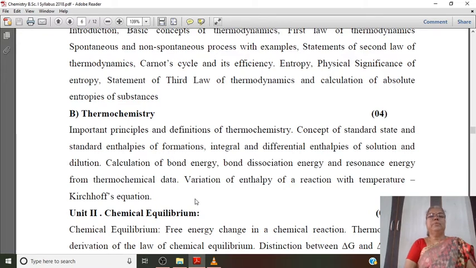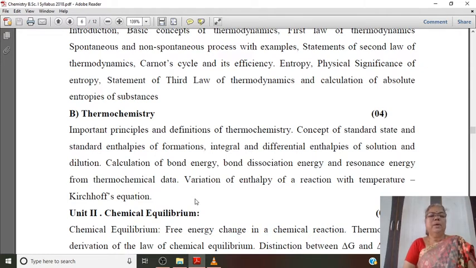Again, this chapter is divided into 2 parts. Part A deals with the study of thermodynamics, including basic terms and the first, second and third laws.